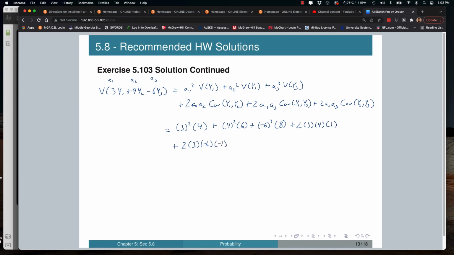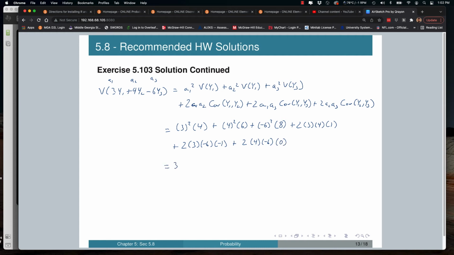We probably don't really need to write this last one, but just for posterity's sake, we do 2 times the a sub 2, a sub 3 combination, which is 4 and negative 6. But the covariance of y sub 2, y sub 3, apparently those two are independent of each other, so it's 0 here.